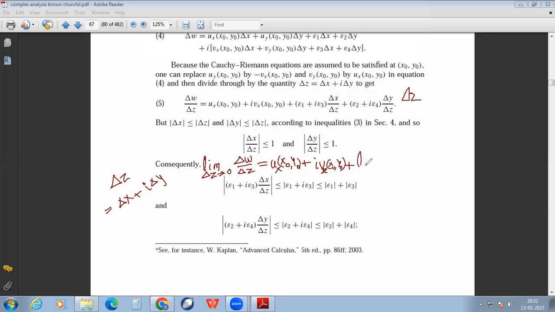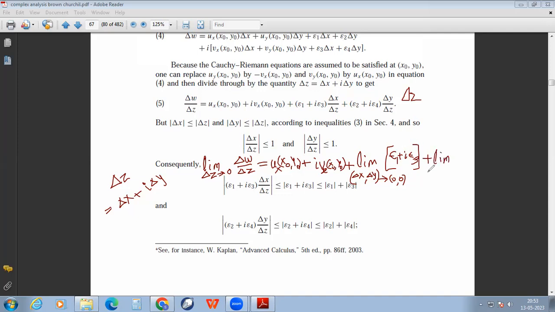So the limit, and how the limit goes: delta x, delta y tend to 0, 0, and what you have inside is epsilon 1 plus I epsilon 3 into delta plus this particular, and this part is going to turn 0 as you are watching.